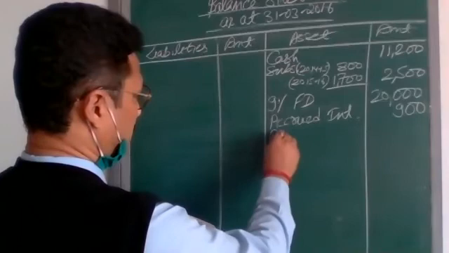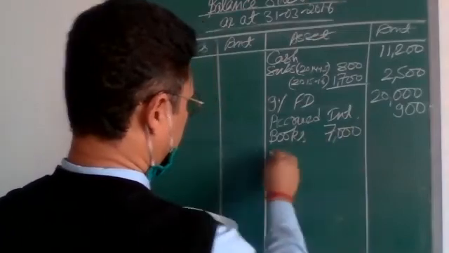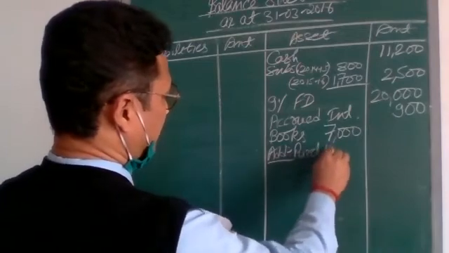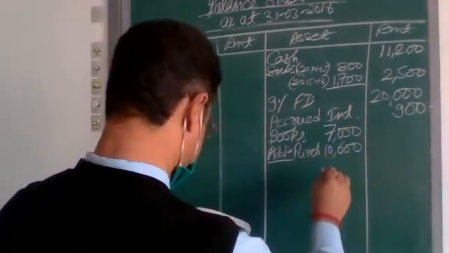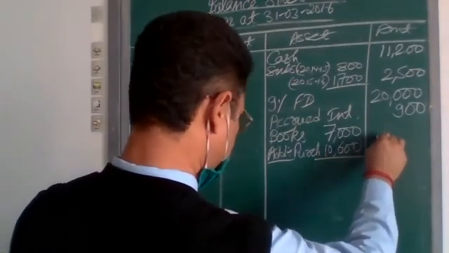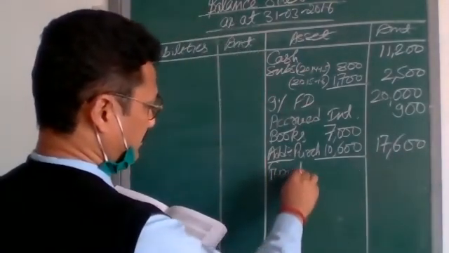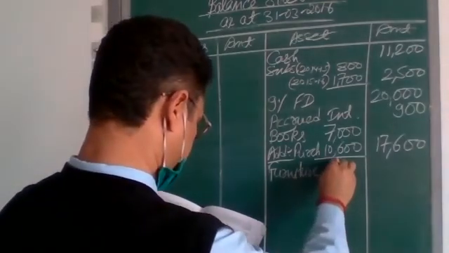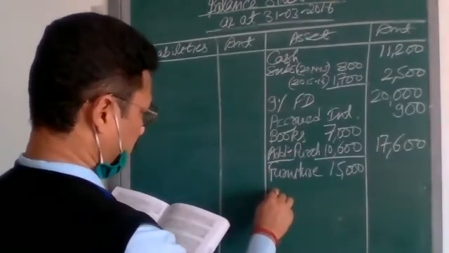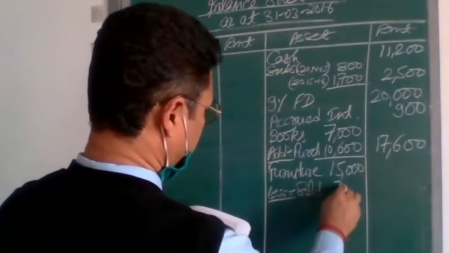Books. We had books of 7,000. We purchased 10,000 and then the total is... Furniture. We had furniture of 15,000 and we sold furniture of 7,000, no?